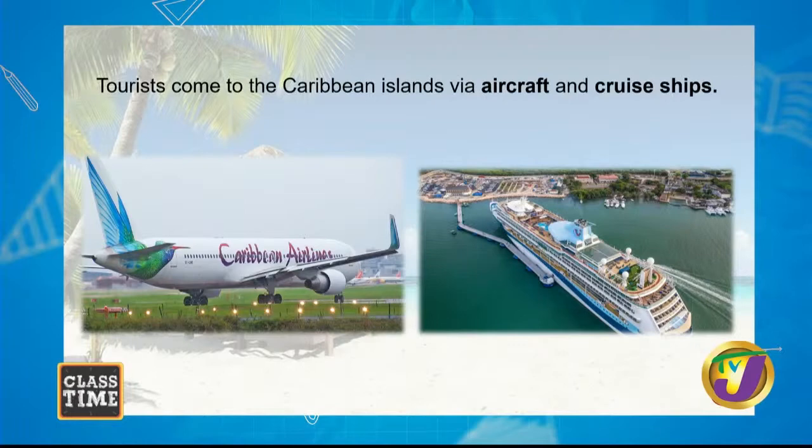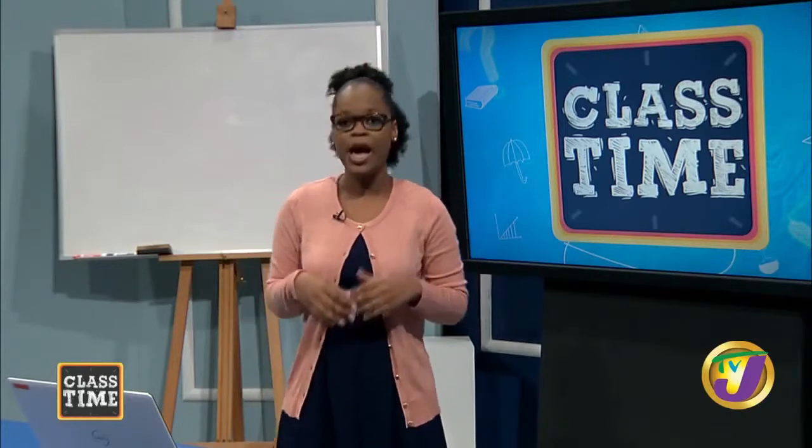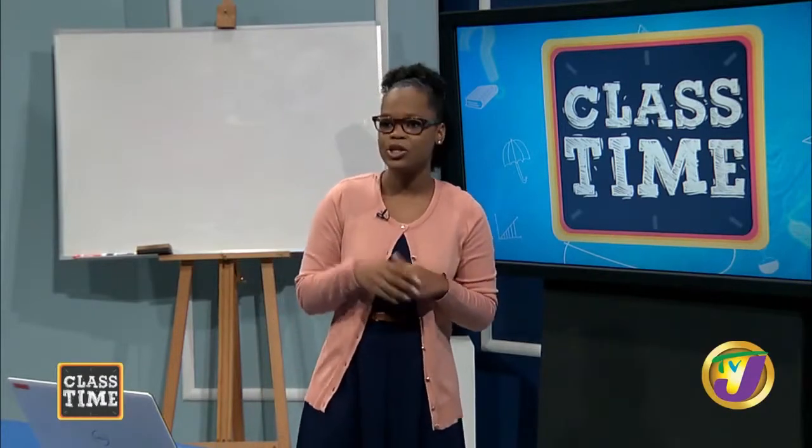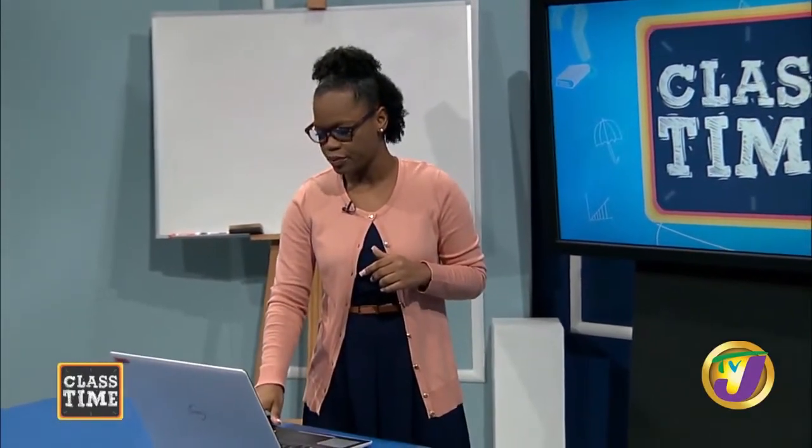And of course, we have two major international airports in Jamaica, which are the Sangster International Airport in Montego Bay, St. James, and the Norman Manley Airport in Kingston. And of course, other Caribbean countries will have their own ports as well. I know you are familiar with these, so just put that in memory.